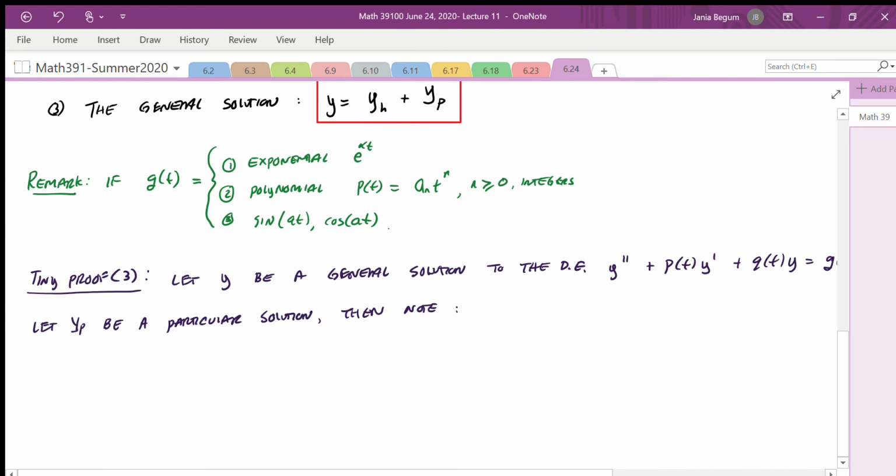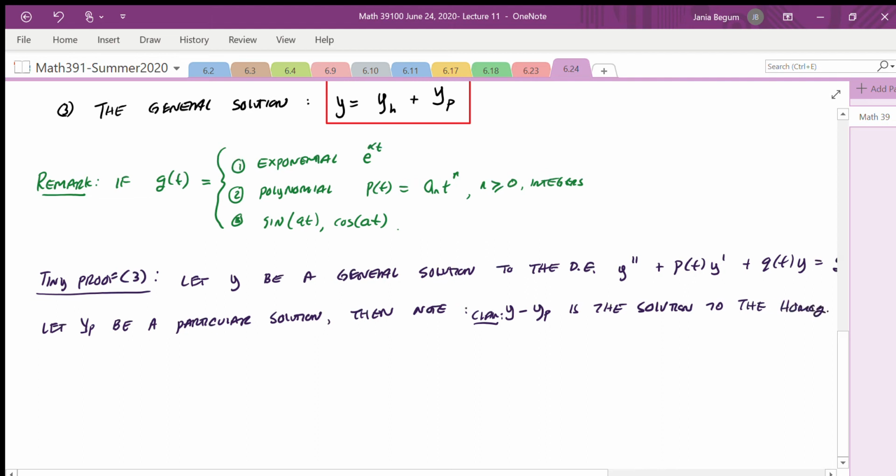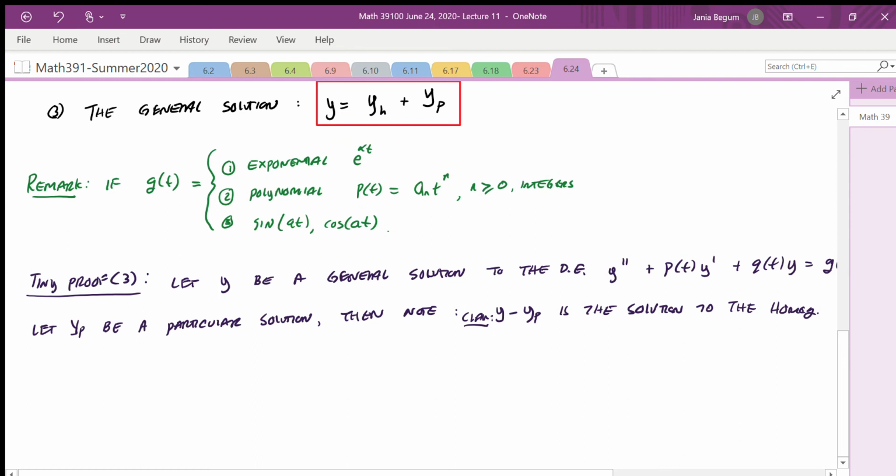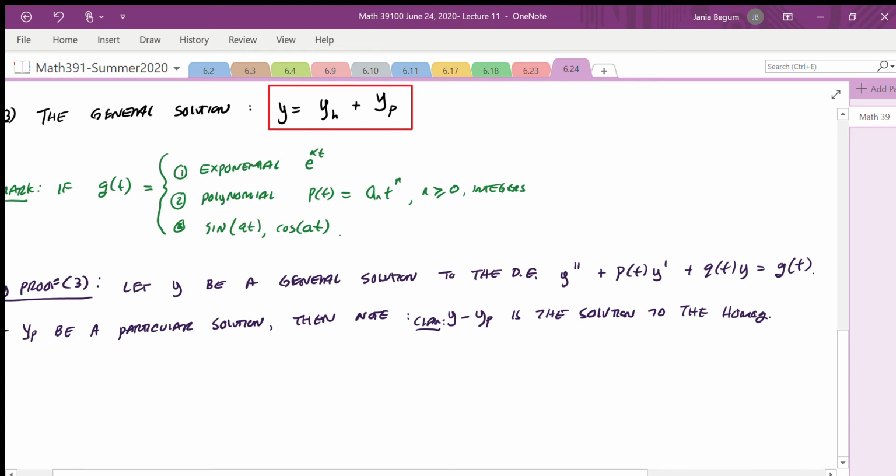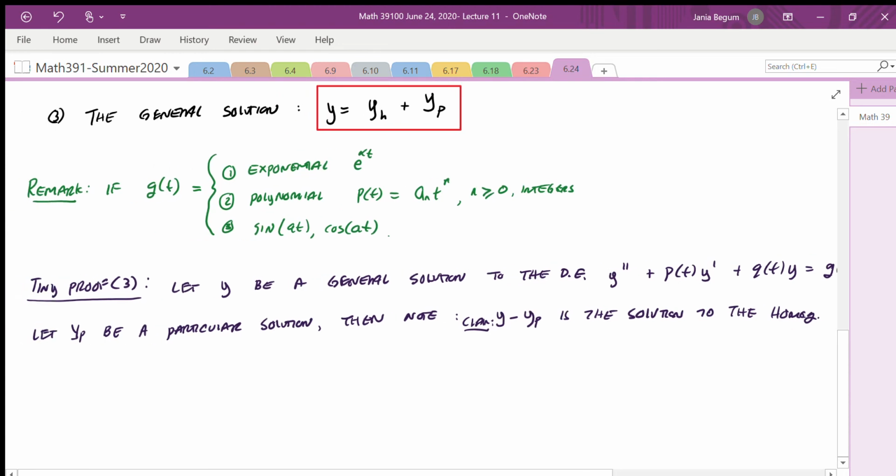I'm going to say that y minus yp is the solution to the homogeneous case, meaning yh. This is the claim. So that means if that's a solution, I have to compute its first derivative and second derivative, plug them in to this statement and see if it holds, right? So the usual drill.